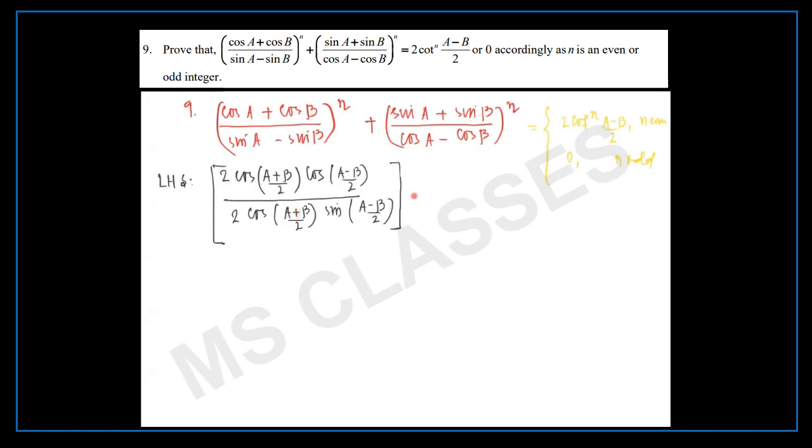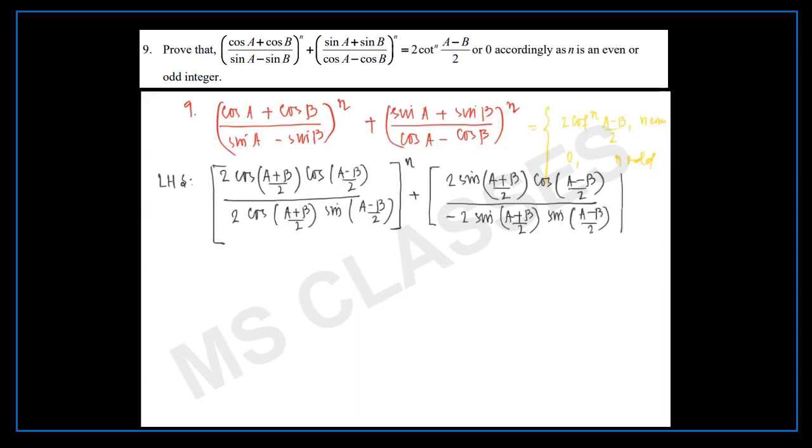Next one, plus. In the numerator we have 2 sin A plus B by 2 into cos A minus B by 2, whole divided by minus 2 sin A plus B by 2 into sin A minus B by 2, whole to the power of n.